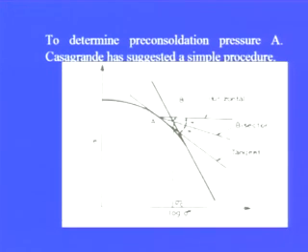Once we plot that e versus log sigma bar curve, we find a point on this curve which has the maximum curvature.